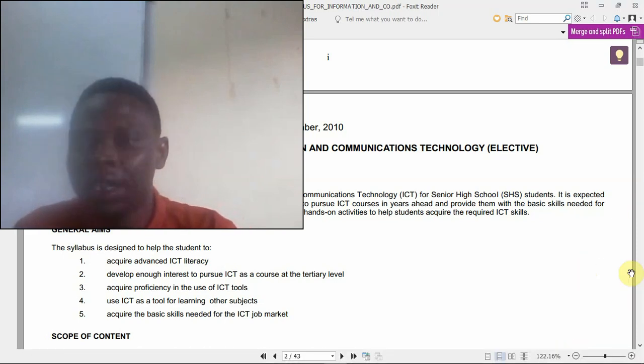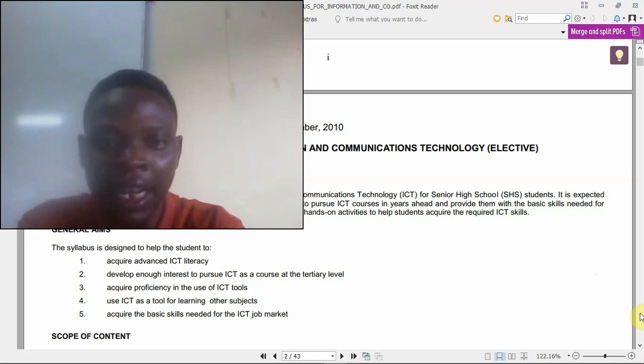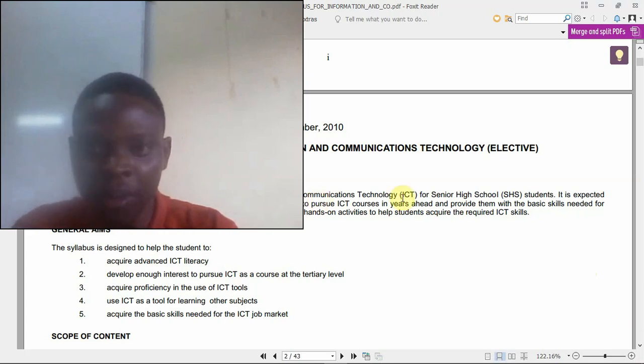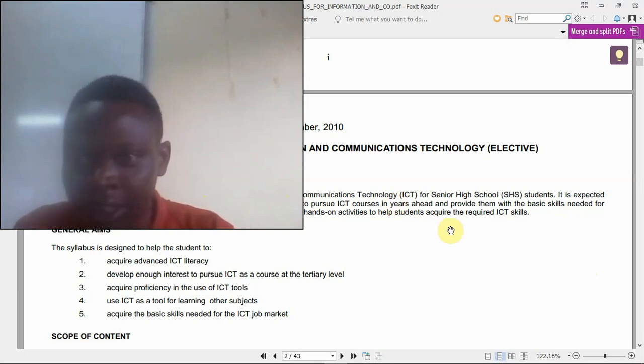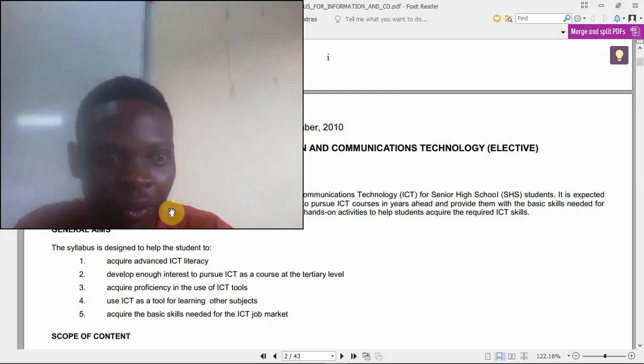And I just want to make some clarity here, where it says basic skills needed for the ICT job market.